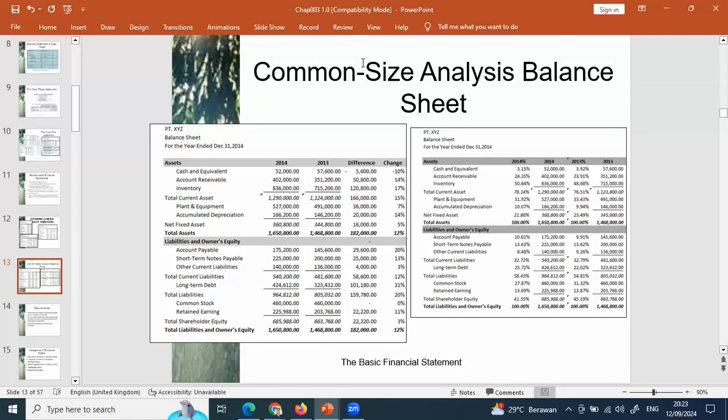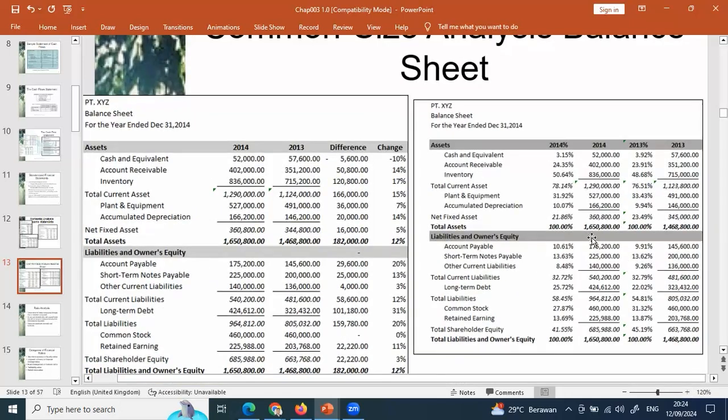Common size is this one. Let's say total asset is 1,650,000. It is 100%.